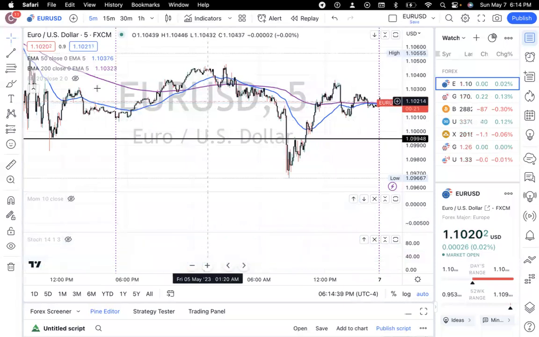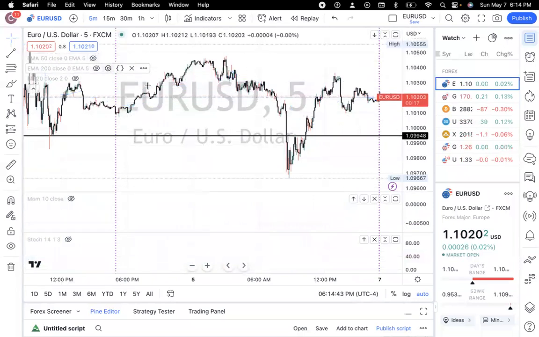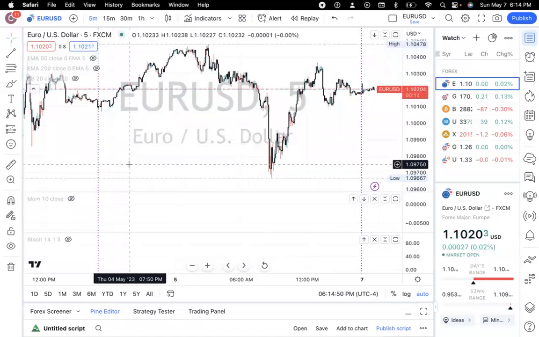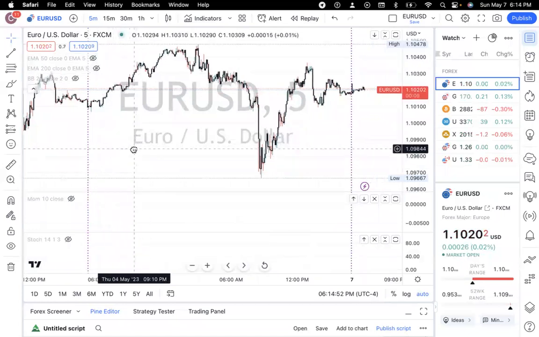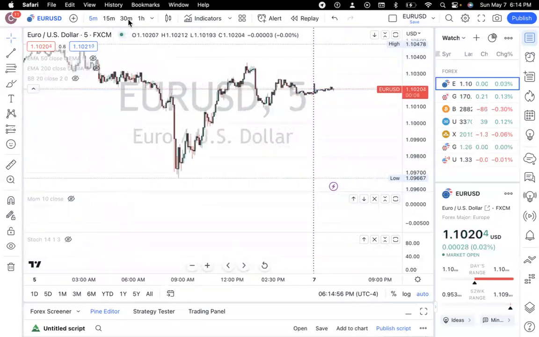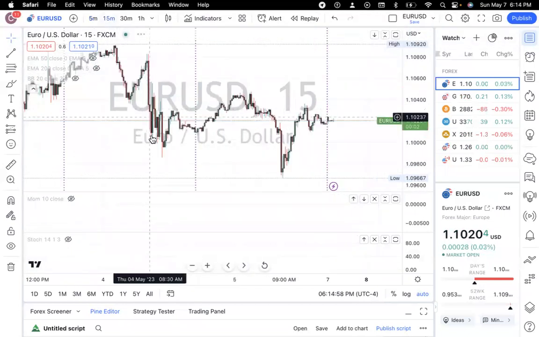For the first part, when it comes to simplifying your analysis, we have to be able to understand price action. So I'm going to go ahead and delete that too. Price action is literally everything that's happening in the market. We know that the market is composed of buyers and sellers.